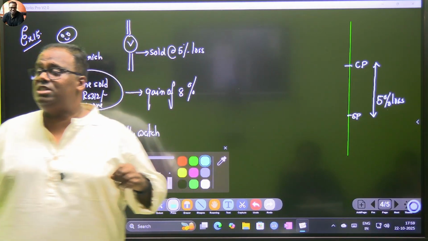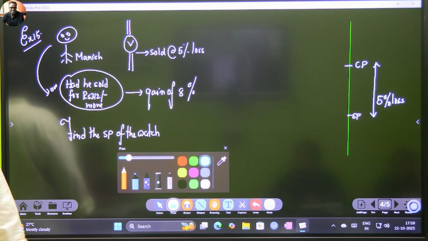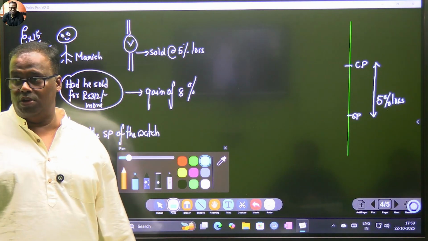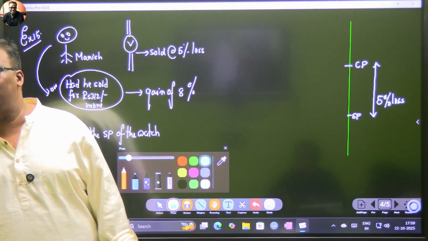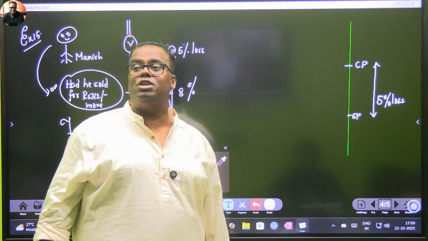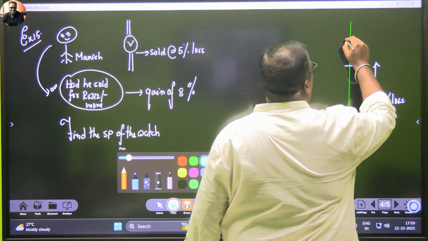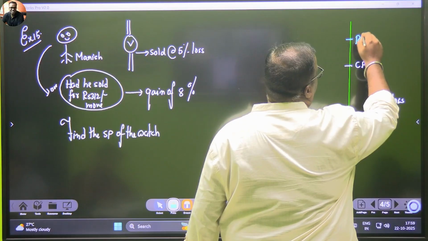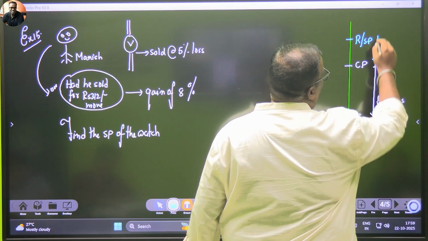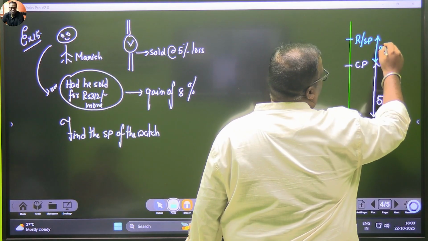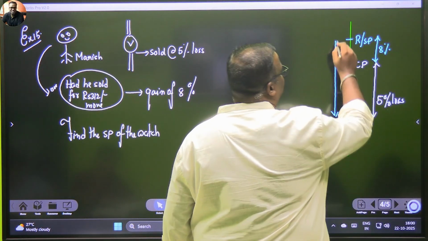If he sells at some extra 312 over what he sold, he makes a profit. If this is his revised selling price, then how much is the profit he would have made? 8%.